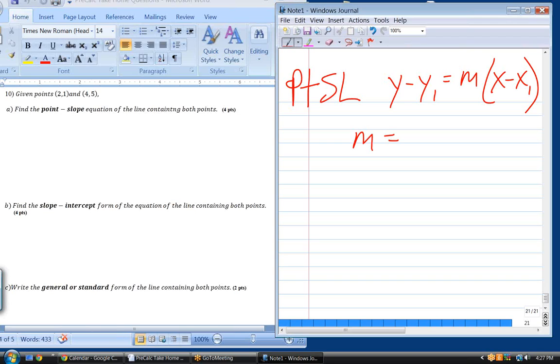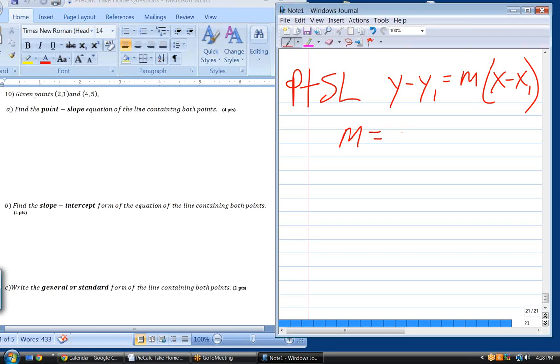If we're going to put it in the point slope format, the best thing to do, well, you know what? There's a couple of ways to do part A. Regardless of which way you do it, you've got to find slope. So, I'm sorry, let's go back and find slope.